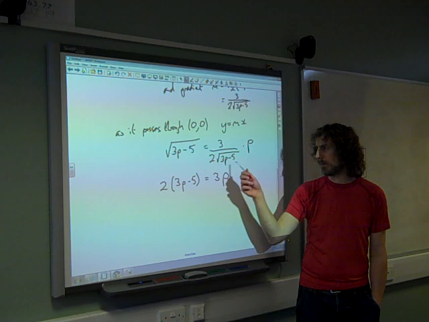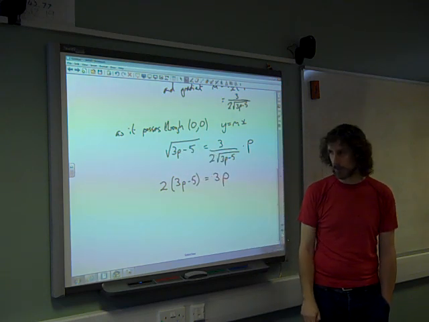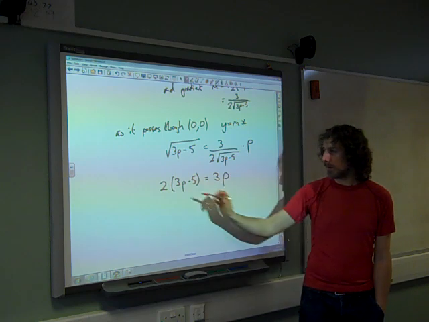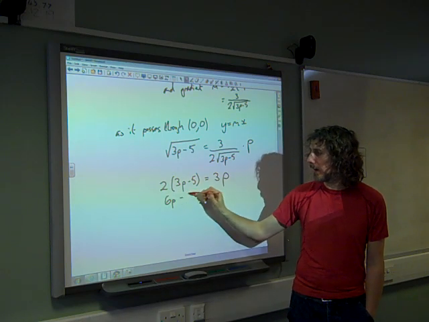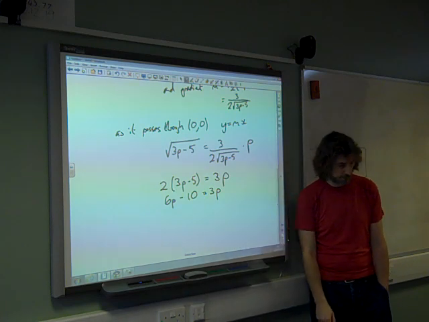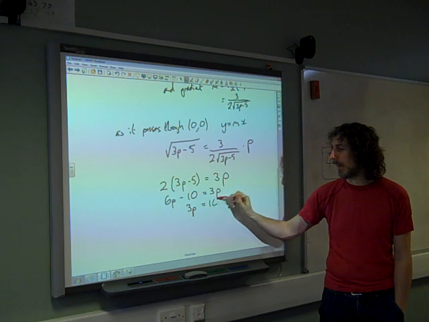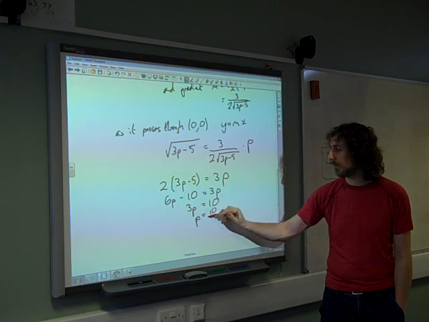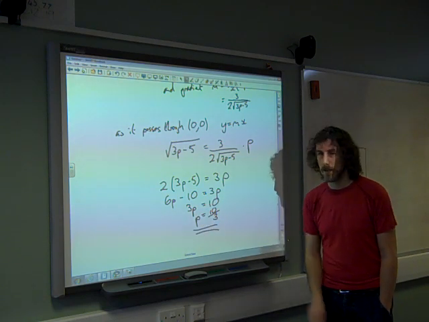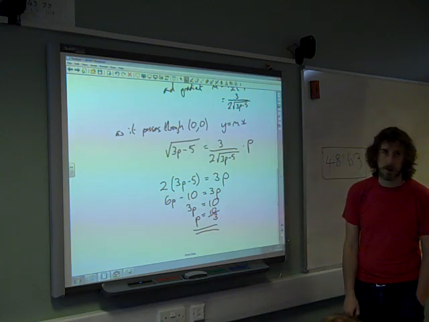I've multiplied by the 2 and multiplied by the square root, which left it not square rooted. So 6p minus 10 is 3p. This is all looking quite encouraging now. So 3p equals 10. p equals 10 over 3. And I think that's the neat way of doing it.